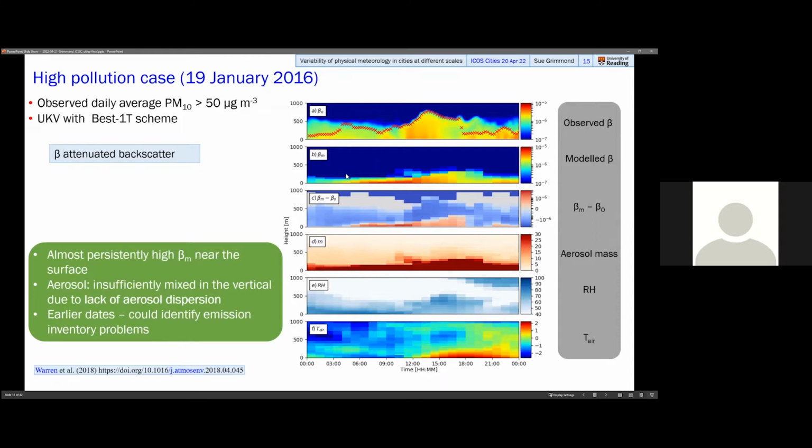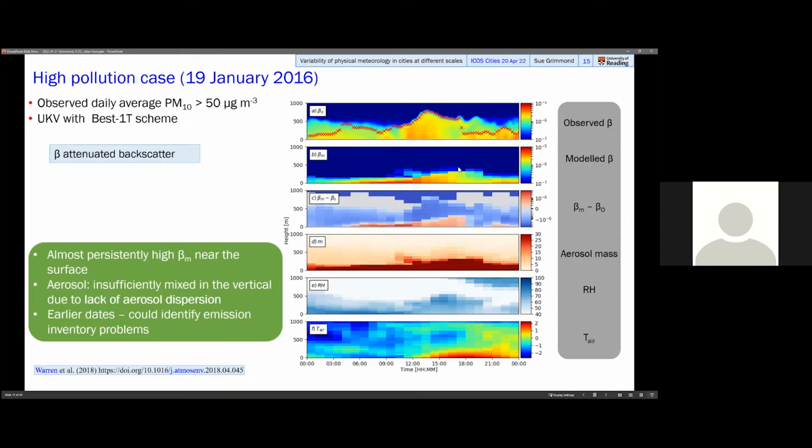If we compare then the modelled attenuated backscatter, we can see that there's clearly a big difference in mixed layer height. If we compare the two of those, so we separate these, we would subtract them, we would ideally see a white, but we can see that there's a large difference.